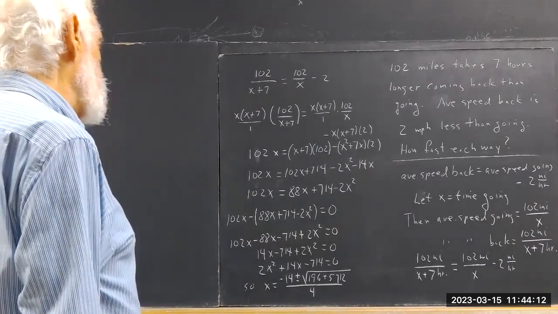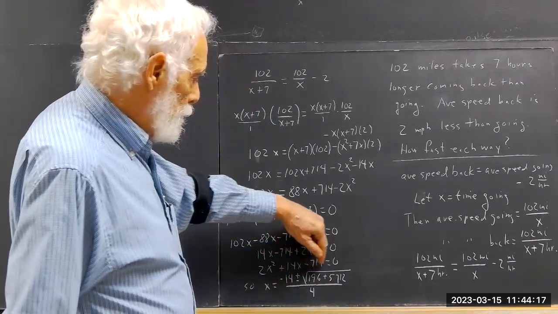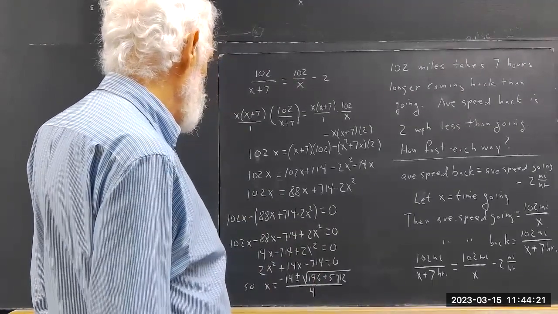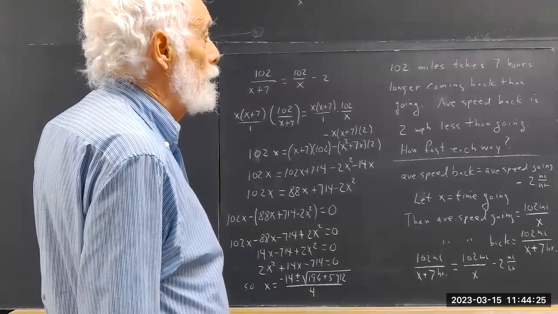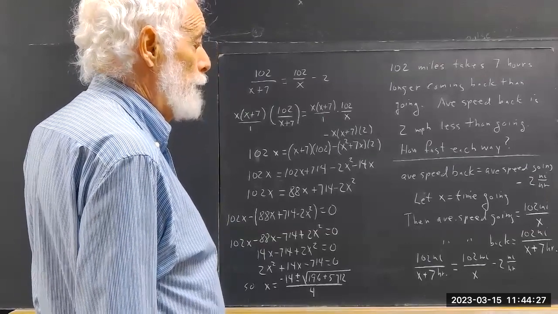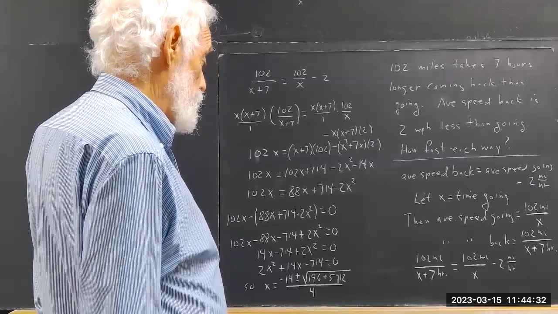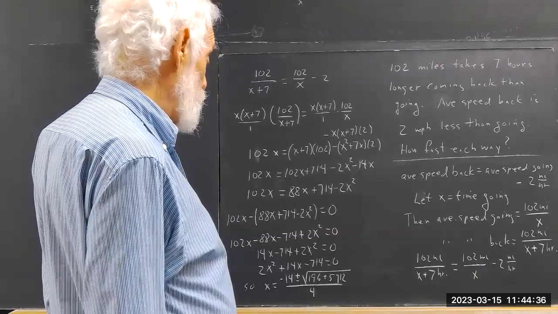Okay, now if I've got the numbers correct, I'm just going to approximate this. 196 and 5712 is going to be 5908. 5908 would have a square root of about 76, 77.